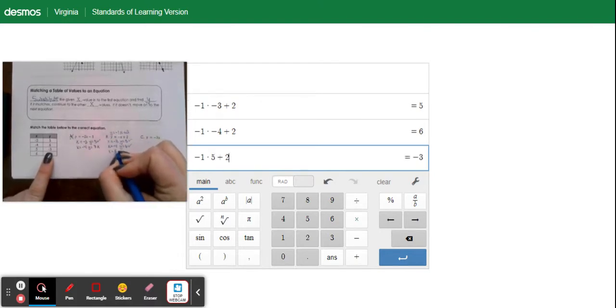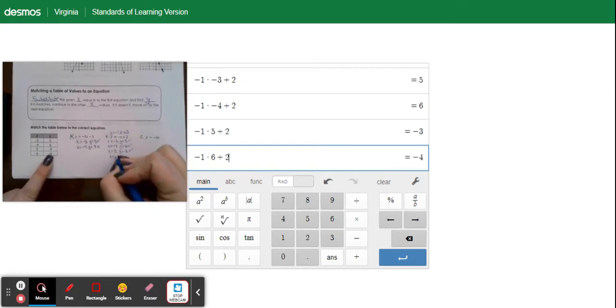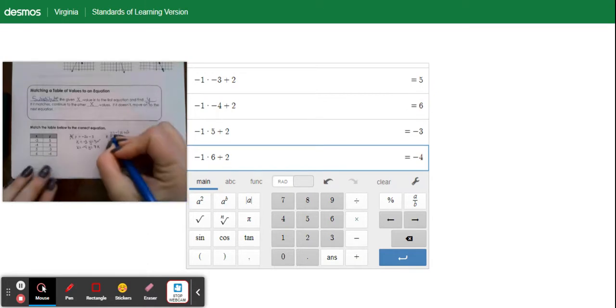So if x equals 5, y equals -3, that works, and you've got to check them all. So let's do our final one, -1 times 6 plus 2. And that works too. So this is the equation that works.